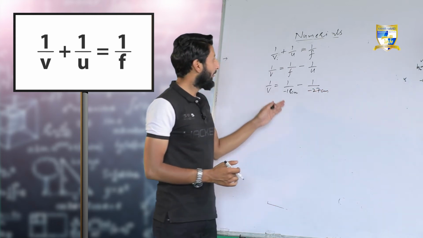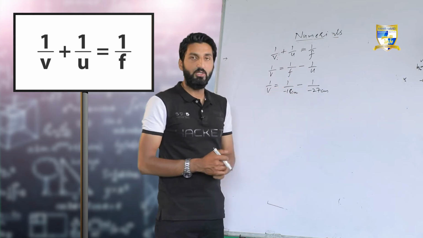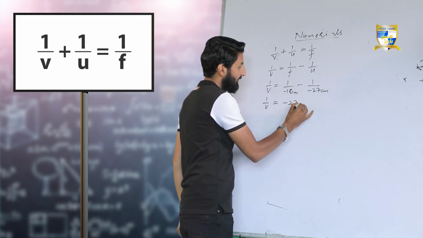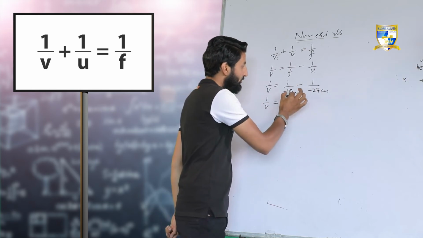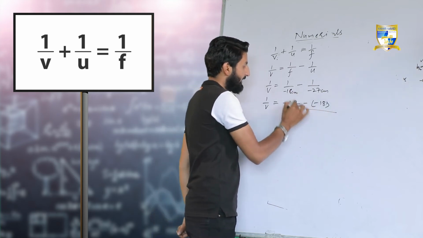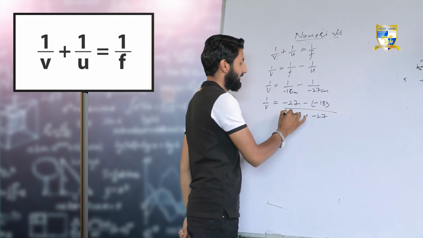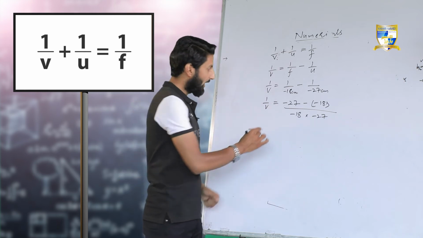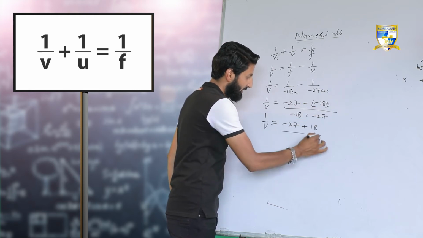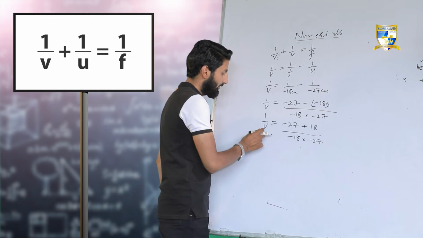So 1 by V is equal to 1 into minus 27 is minus 27, here the minus remains, 1 into minus 18 is minus 18, divided by minus 18 into minus 27. 1 by V is equal to minus 27, minus into minus is plus 18, divided by minus 18 into minus 27.